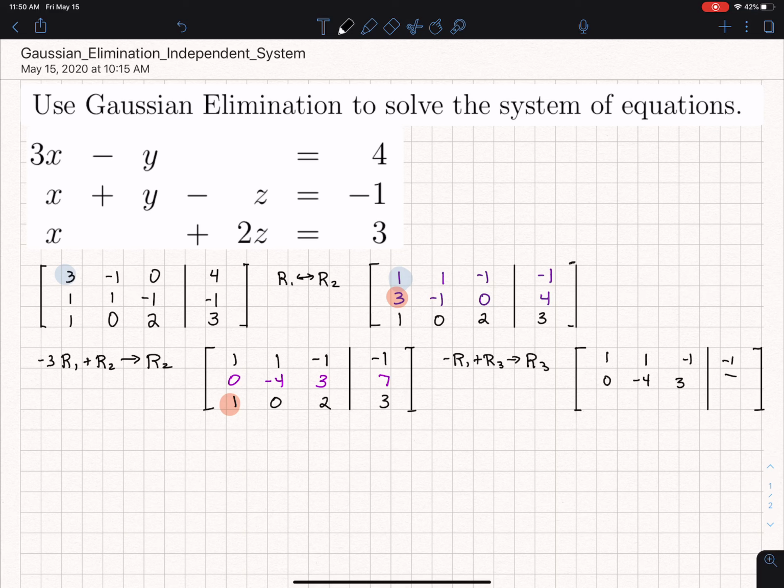Okay, so I'm keeping everything the same, but then I'm going to change the last row. So I add the opposite of row 1.